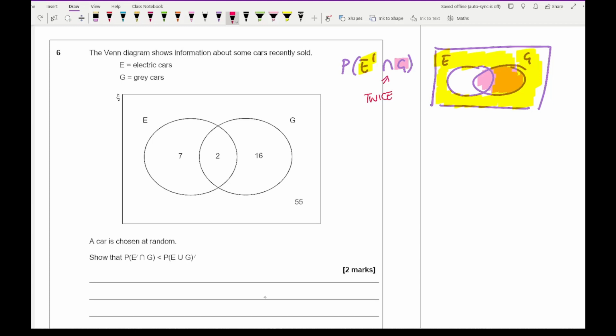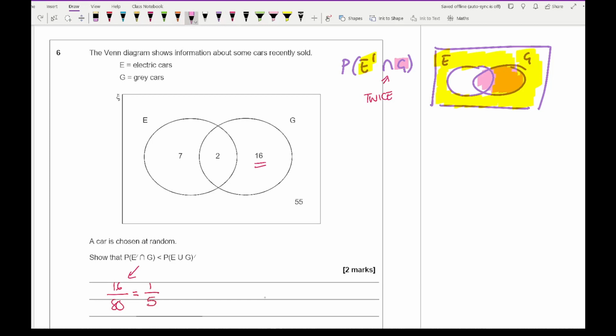So the bits that's shaded in twice is 16. So this is going to be 16 out of the total, which is, if I just quickly work that out, 7 plus 2 plus 16 plus 55 is out of 80. So 16 over 80, which can be simplified as 1 over 5.